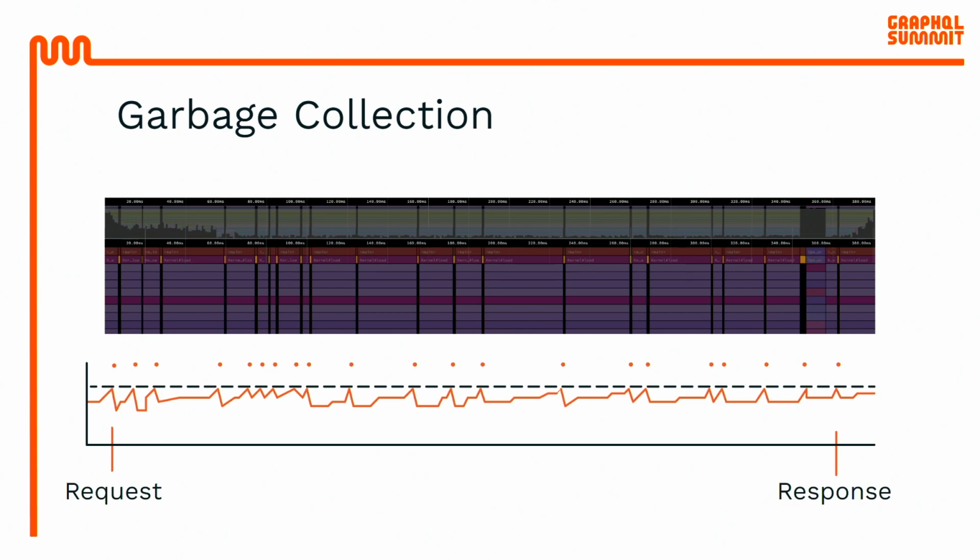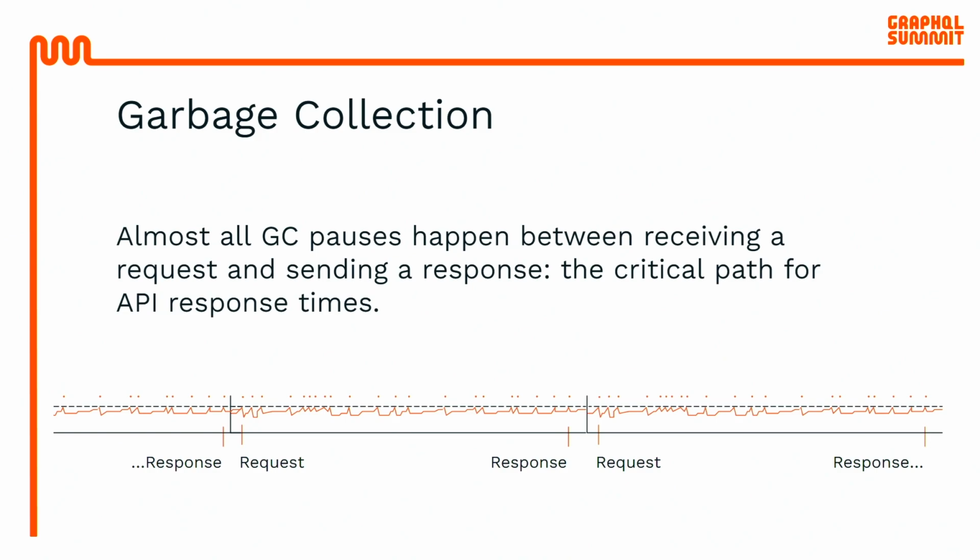What's happening here is we have the memory usage on the graph at the bottom. Every time we reach this threshold, the execution pauses, does some garbage collection, and resumes. But notice that we start our request very close to the threshold, in a position that's not the most favorable. A process gets a request, processes it, gives the client a response, and then waits for the next request, and so on.